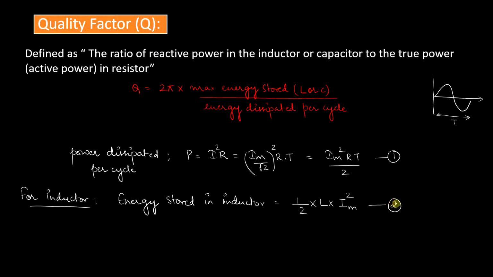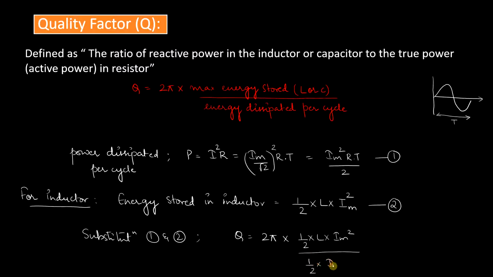Let me substitute equation 2 and equation 1 in the expression for quality factor. Substituting equation 1 and equation 2, I have Q equal to 2 pi into half of L into Im square, divided by half into Im square R into T. You can cancel out Im square and the half.